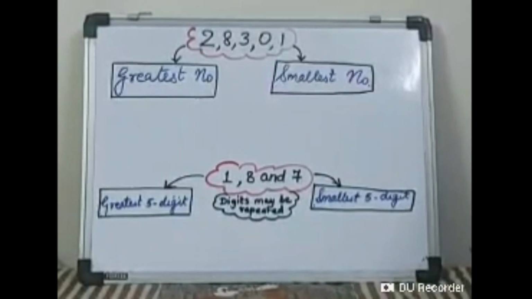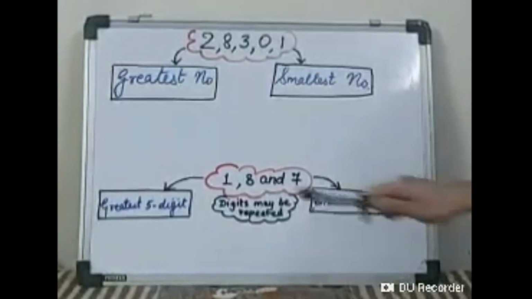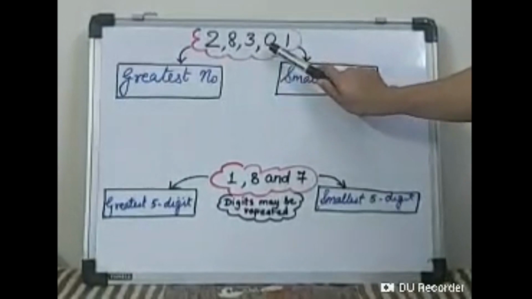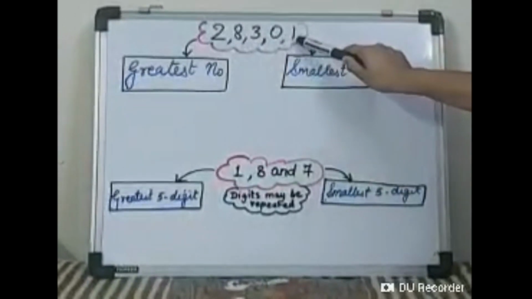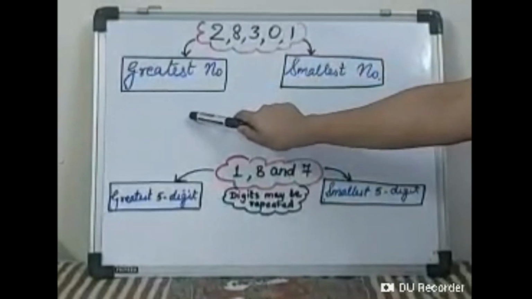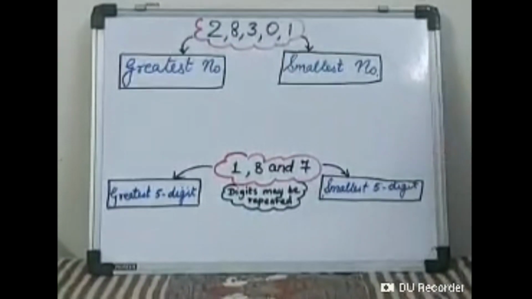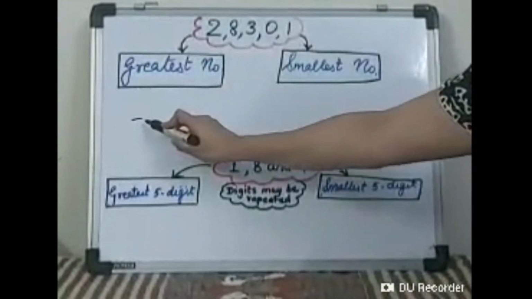Now children, let's take another example. Now we have again 5 different digits. 2, 8, 3, 0, 1. Using these 5 digits, I have to make a greatest number and a smallest number. Since I have 5 digits, I am going to draw 5 places.